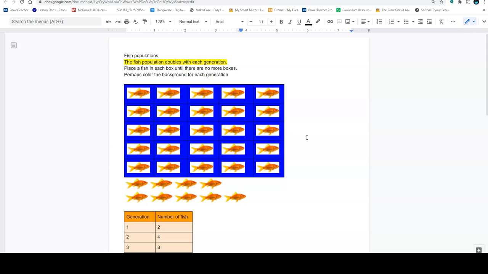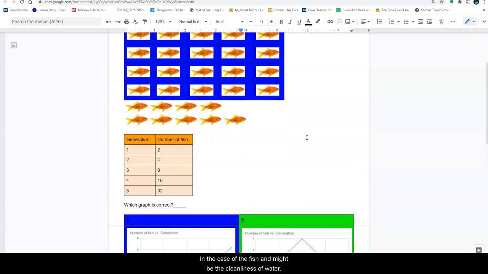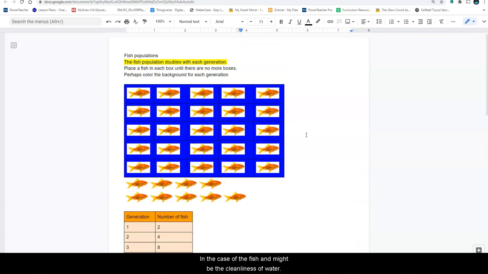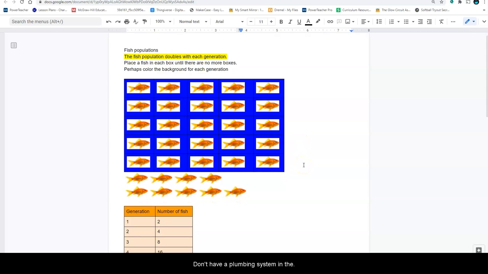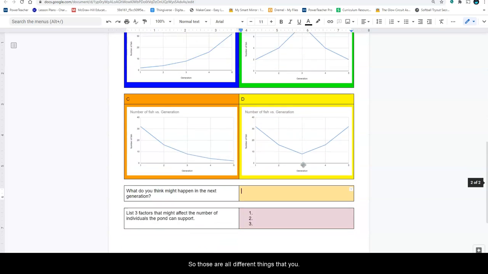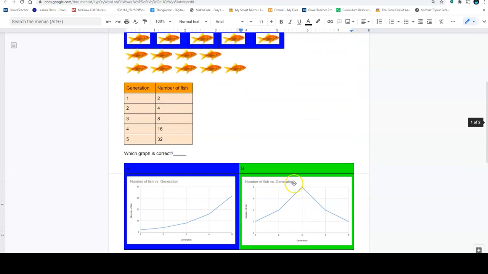Hot water, if we look at a human example, hot water being able to take a shower, take a bath. In the case of the fish, it might be the cleanliness of the water, as fish don't have a plumbing system in the pond.